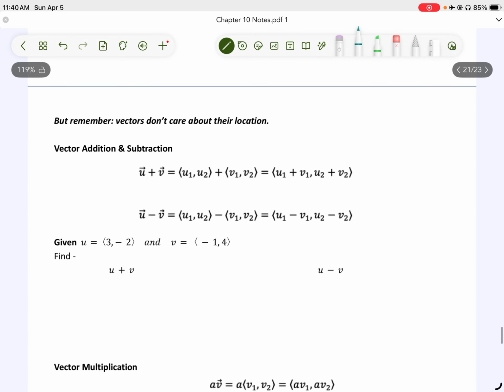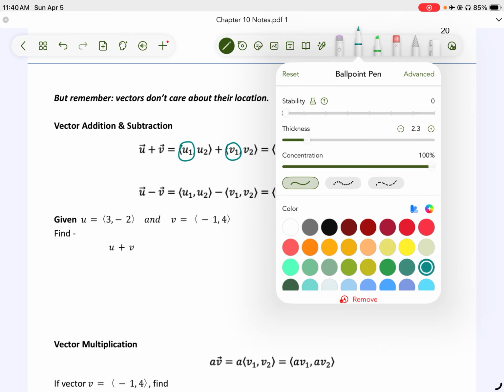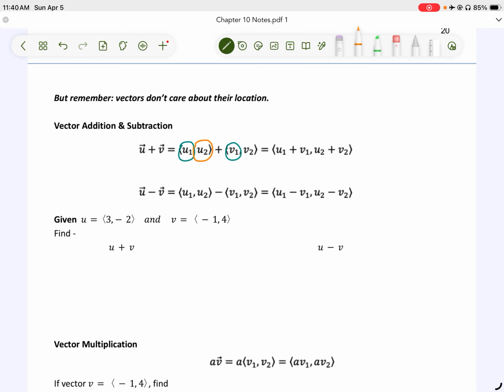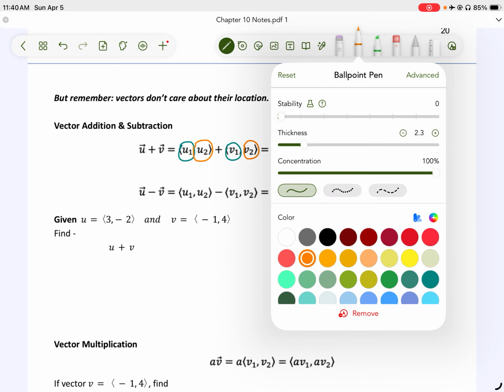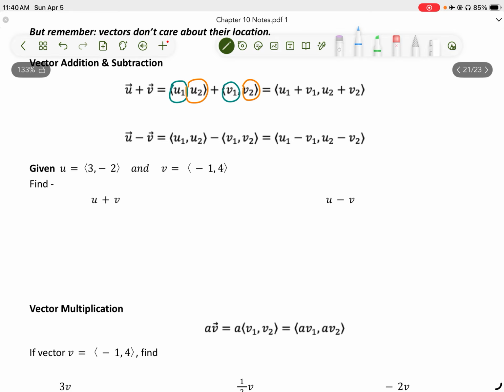If you want to do vector addition or subtraction, it's honestly pretty straightforward. You add the first terms together, then you add the second terms together, and leave it in vector notation. So for u plus v, we have 3 plus -1, so 3 minus 1, and then -2 plus 4.